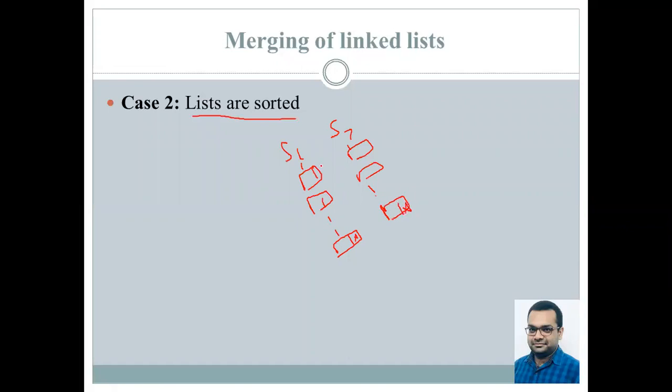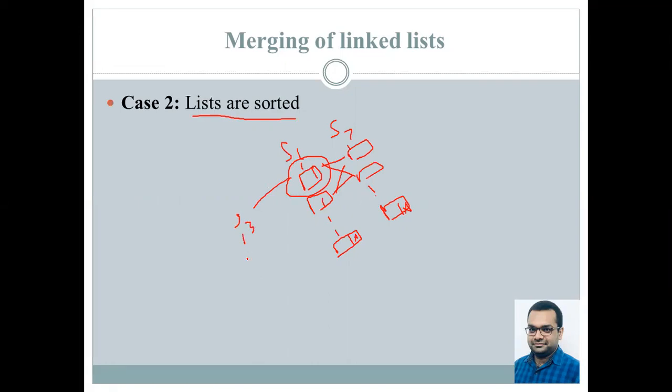We compare the values in the respective nodes. Wherever we find that the value in one of the nodes of a linked list is smaller than the other, that node we simply take out and attach it to another list with start node S3. And this is how the basic algorithm works.